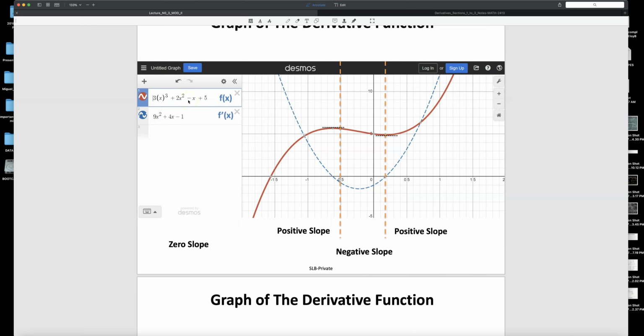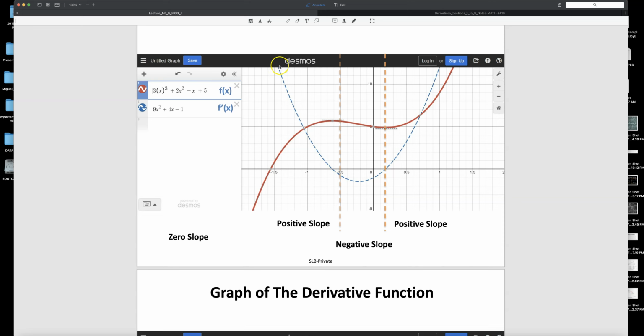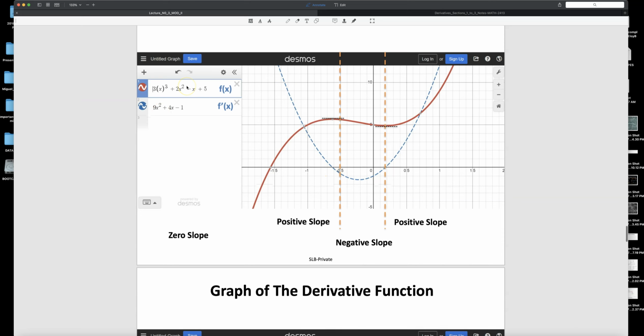I plot that in Desmos, just to illustrate and reinforce the concepts of the derivative, because this is the most important thing that I want you to focus on. This cubic function is the original function here, and in blue, I graph the derivative of this one.